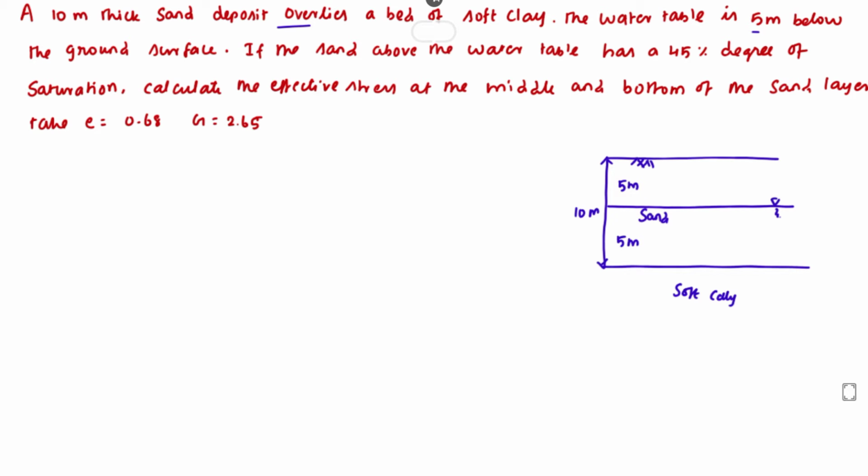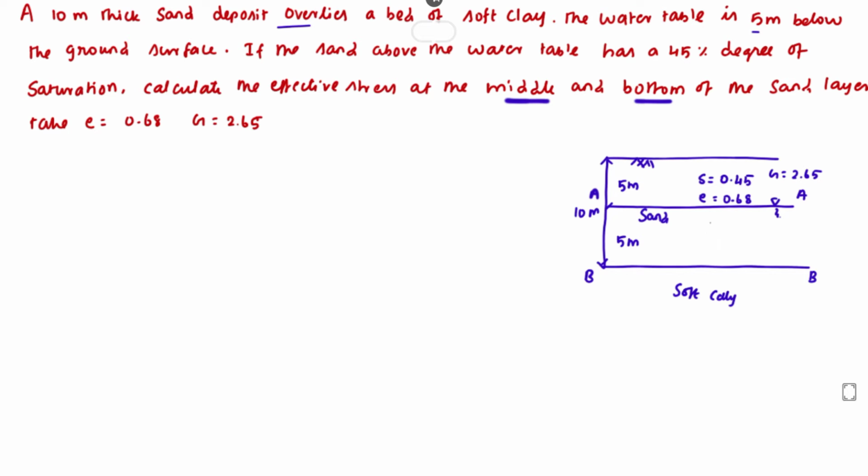Now we can find the effective stress at the middle and the bottom of the sand layer. The middle is here and the bottom is here. We take the middle as A and the bottom as B, so we have to find the stresses at points A and B. Next, the degree of saturation S is 0.45, that is 45 percent, e equal to 0.68, and G equal to 2.65.